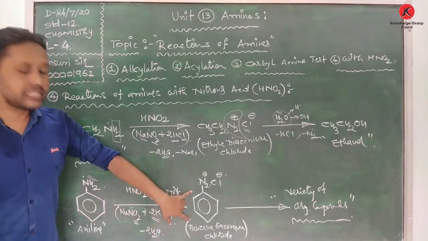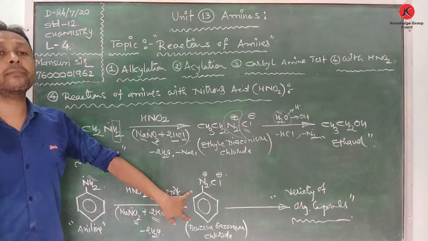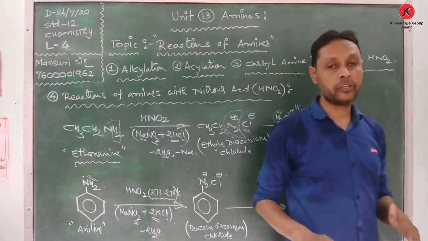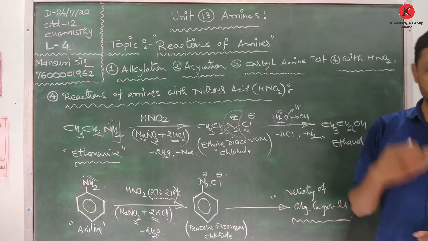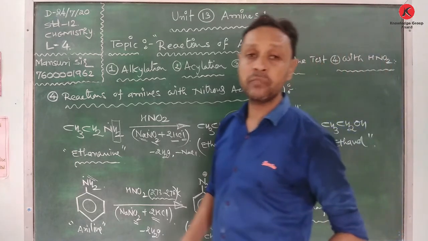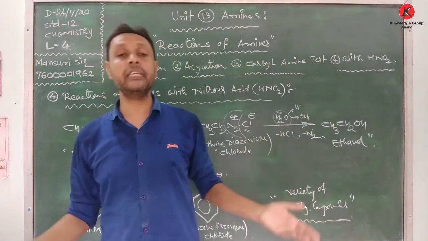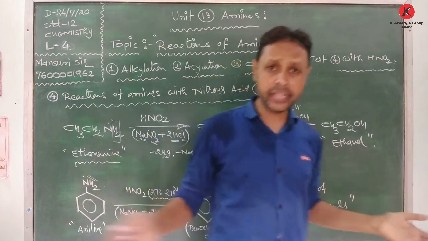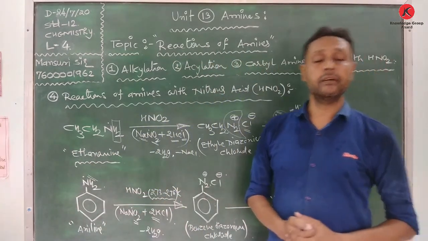If benzene diazonium chloride is made, then you can make nitrobenzene, chlorobenzene, bromobenzene, iodobenzene, benzene, phenol, and dyes like orange dye, yellow dye, phenylhydrazine.